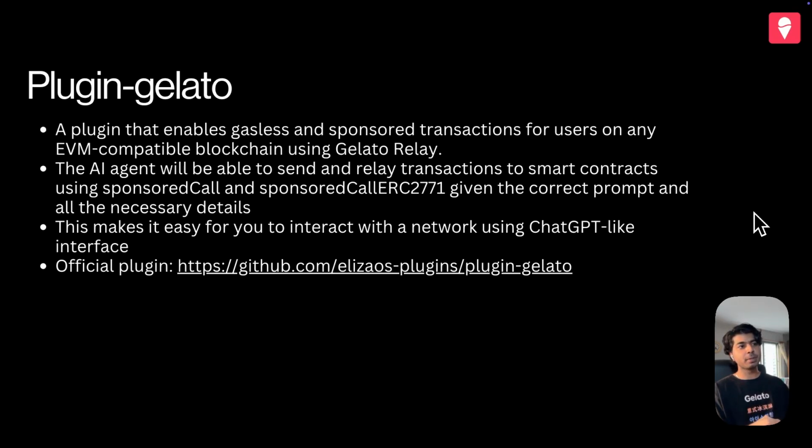You'll be able to relay transactions using sponsored call and sponsored call ERC-2771, given the correct prompt and all the necessary details, and you can implement the plugin yourself on top of this plugin. This makes it easy for you to interact with the network using a ChatGPT-like interface. And you can check out the official plugin in this link over here.